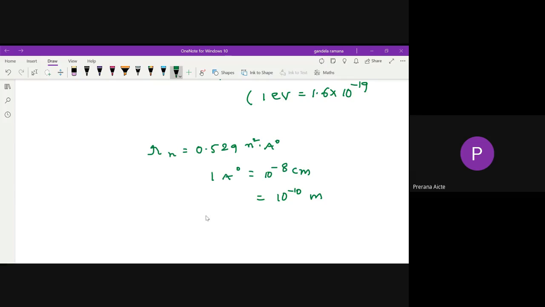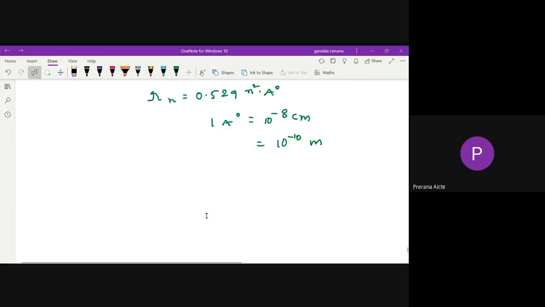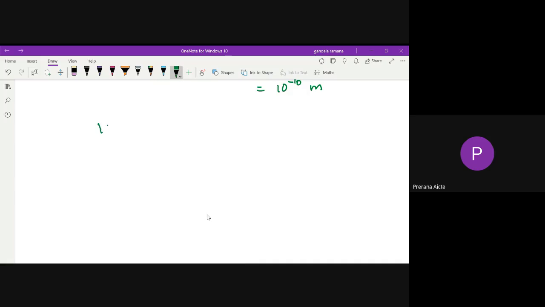Suppose we want to find out for the hydrogen atom: how much energy is required to become a free electron? The energy required for the hydrogen atom is minus 13.6 by 1 square, since the atomic number is 1, electron volts, so minus 13.6 electron volts is required to become a free electron.